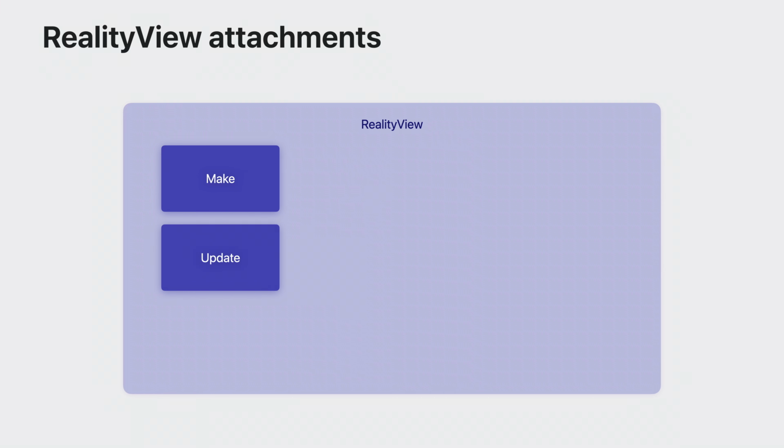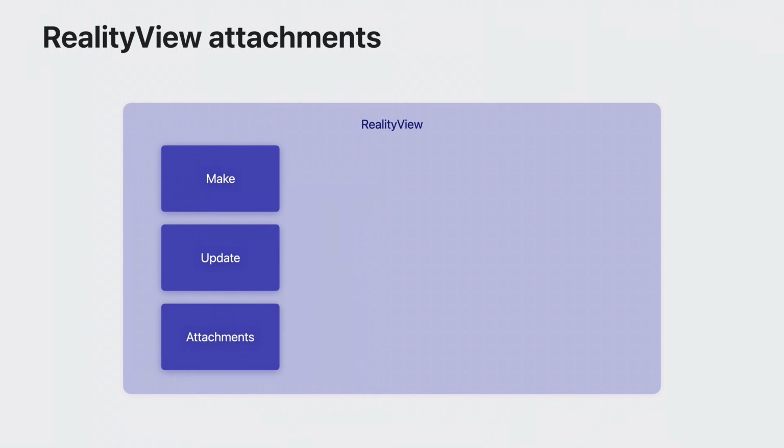The second is update, which is a closure that will be called when there are changes to your view's state. Here, you can change things about your entities, like properties in their components, their position, and even add or remove entities from the scene. This update closure is not executed every frame. It's called whenever the SwiftUI view state changes.